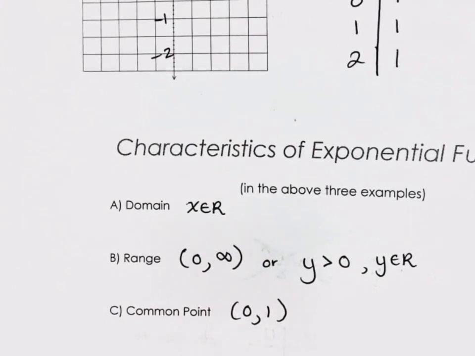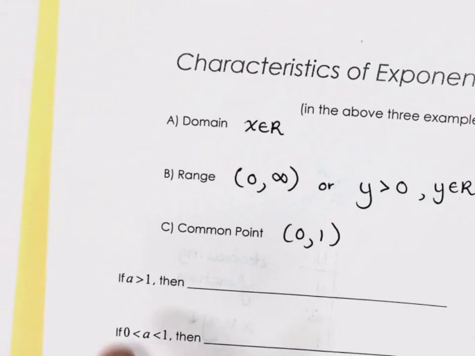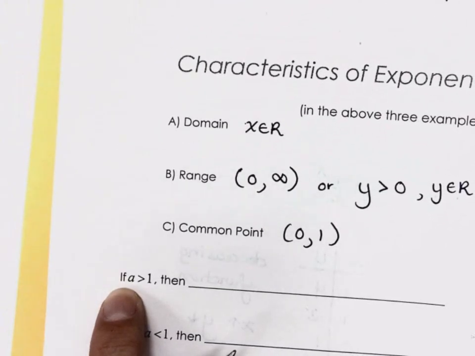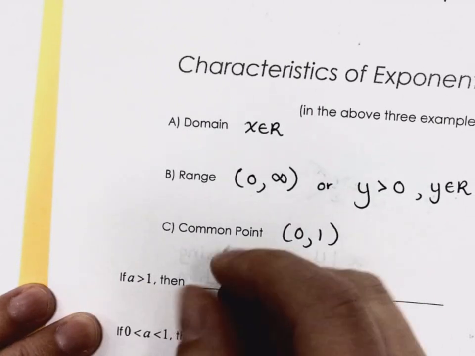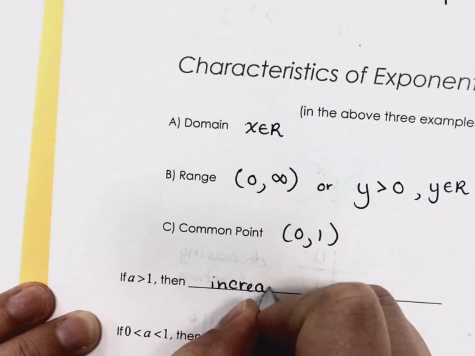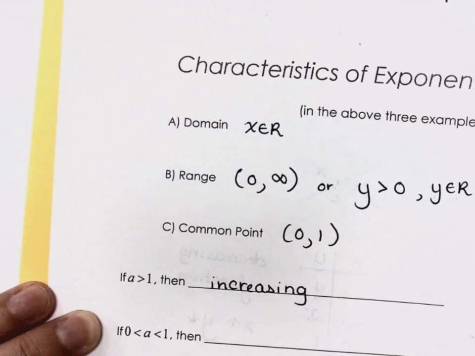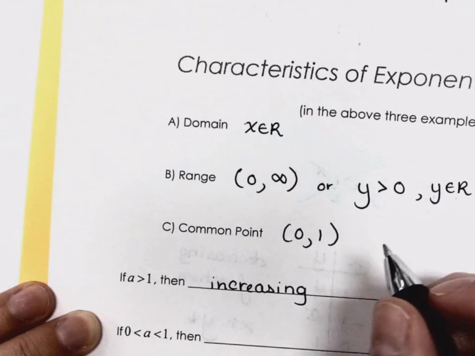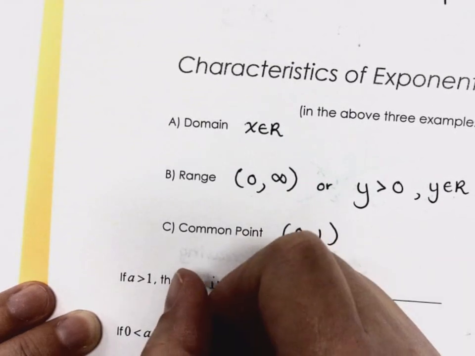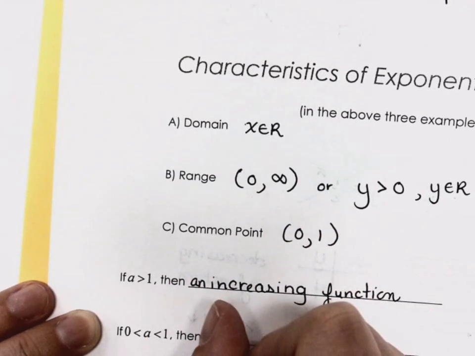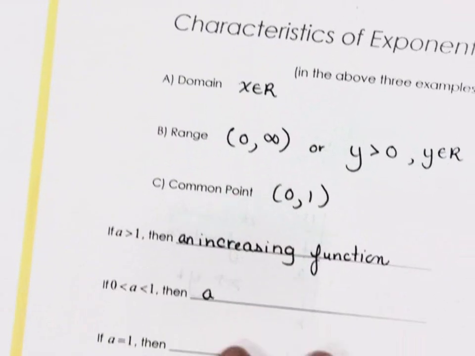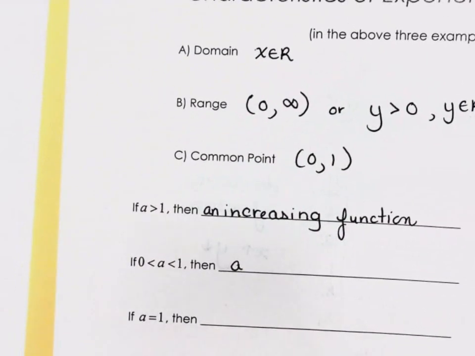All right, so let's talk about the type of functions we got going on there. If your base number, maybe I should have used b for base, that would have been helpful. If a is greater than 1, so if your base is greater than 1, what kind of function do we have? Increasing. And if a is that fraction between 1 and 0, then what do we have?